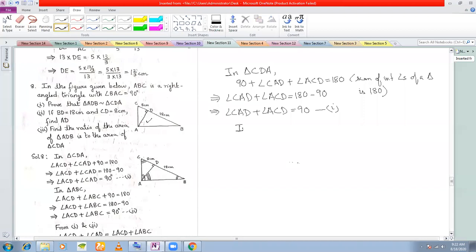So we write in triangle ADB, this 90-degree angle, 90 only. 90 plus angle DAB plus angle ABD must be equal to 90 degrees.